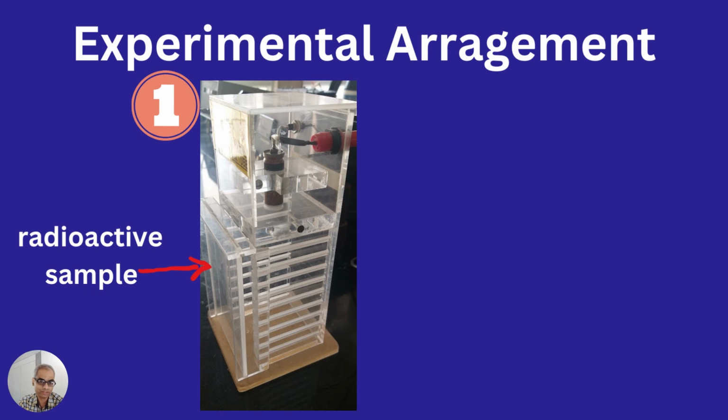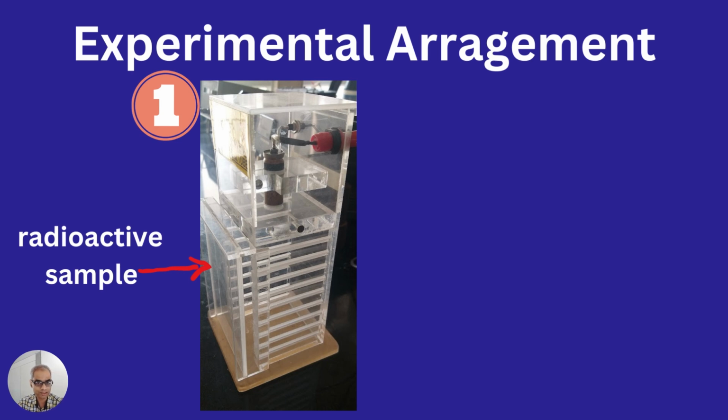Now let us see how experimentally we can use this GM counter. This is an experimental arrangement of GM counter. You can see a very small tube here at the top, which is attached with the red and black supply from the high voltage supply, and the positive is given at the central rod, which is made up of tungsten that we have seen, and the outer one is the copper.